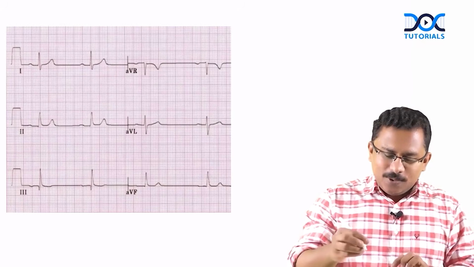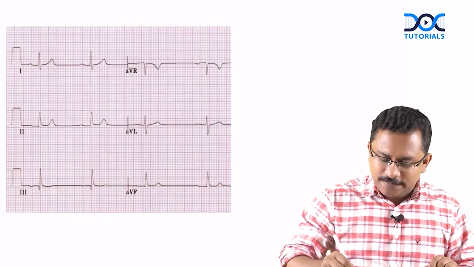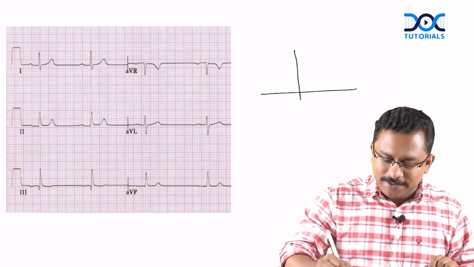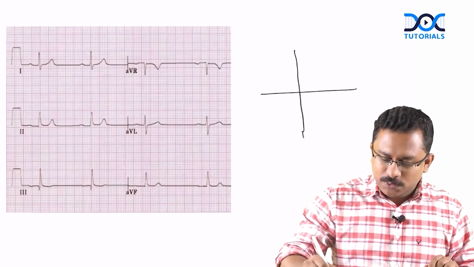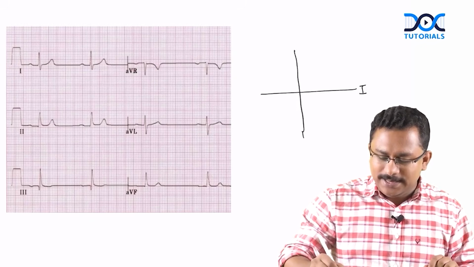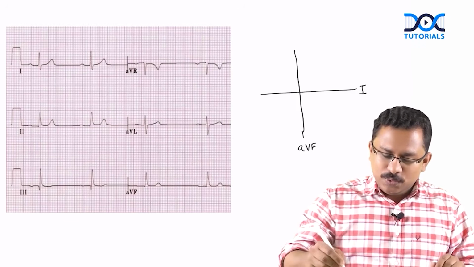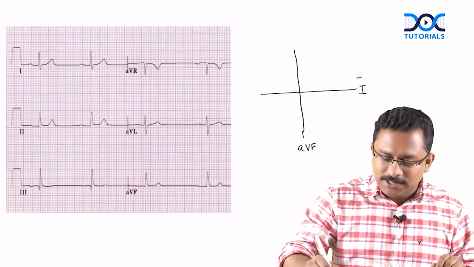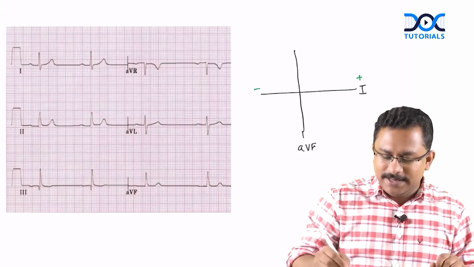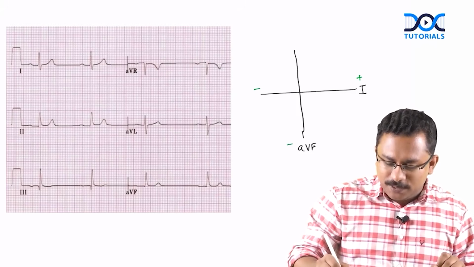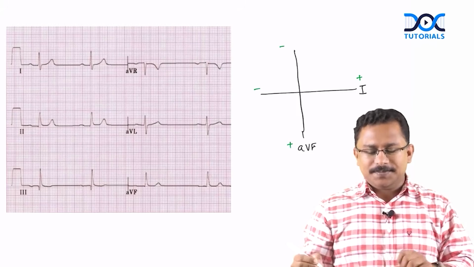In the quadrant method, first of all you have just got to plot the graph. You know that lead 1 is here, lead AVF is here. Lead 1 positive is here, negative is here; lead AVF positive is here, negative is here.